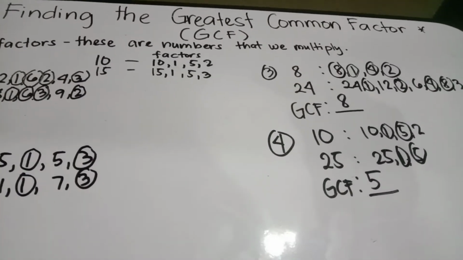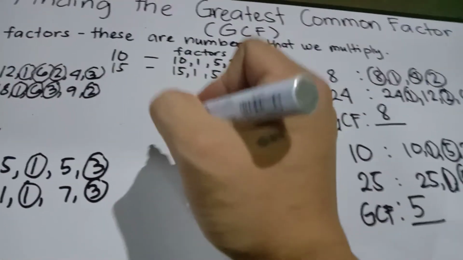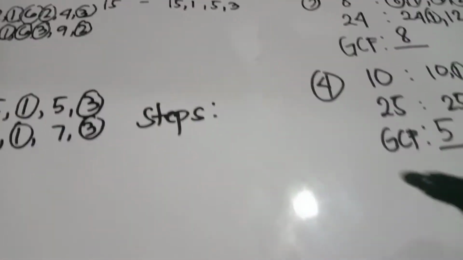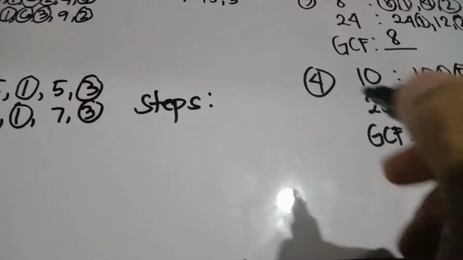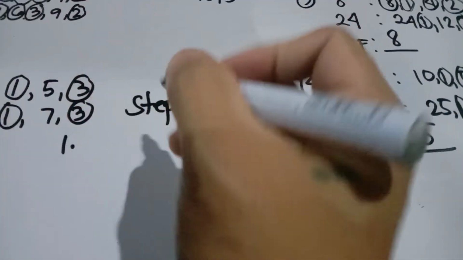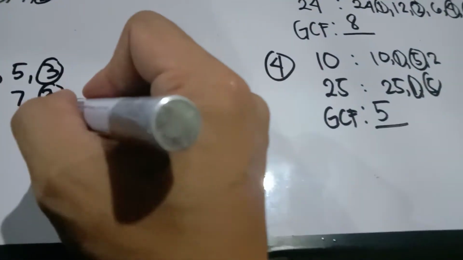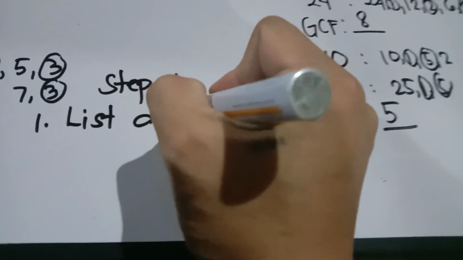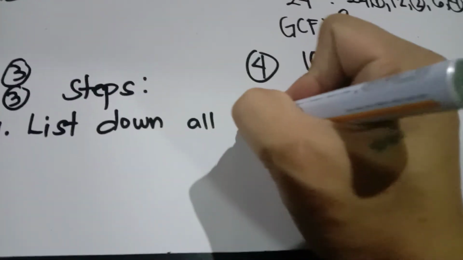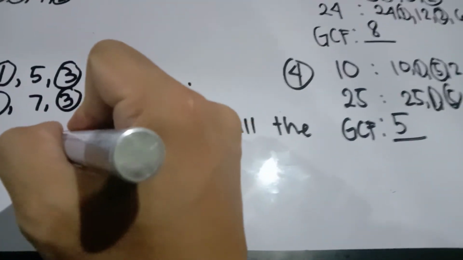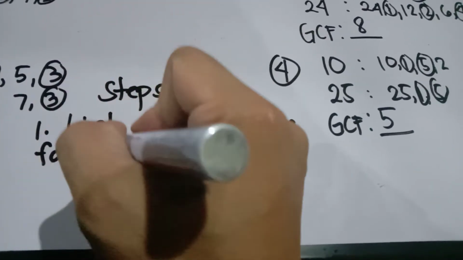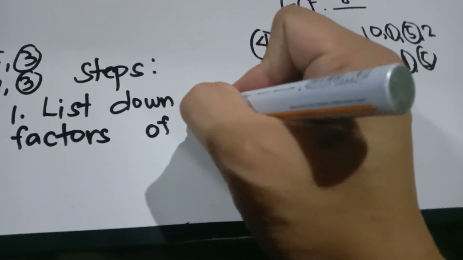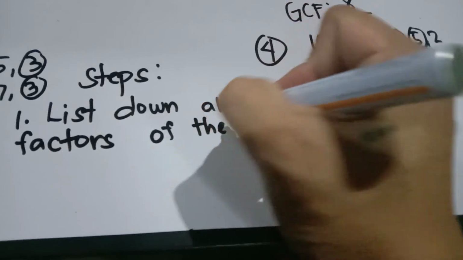Napakadali lang. There are 3 steps, no? Steps to follow. What are the steps na kailangan nating sundin in finding the greatest common factor? Una, ano yung unang ginawa natin? We are going to list down all the factors of the given numbers.